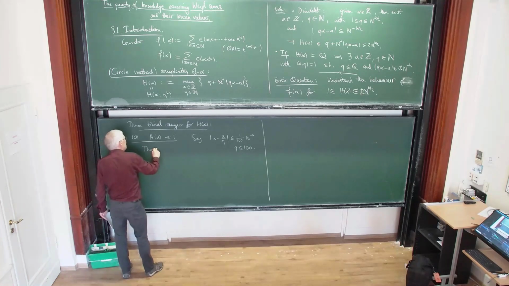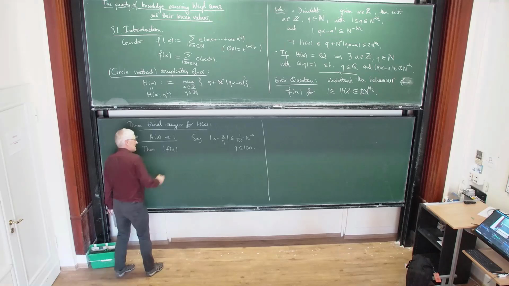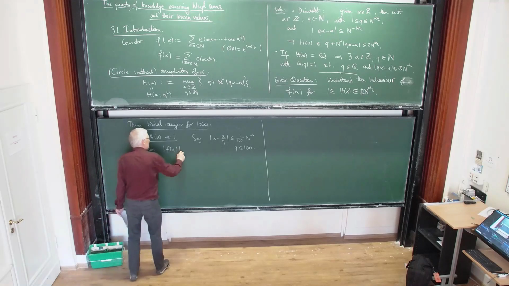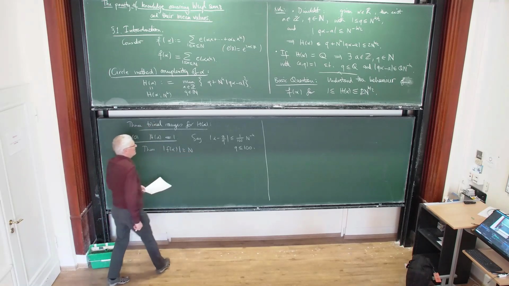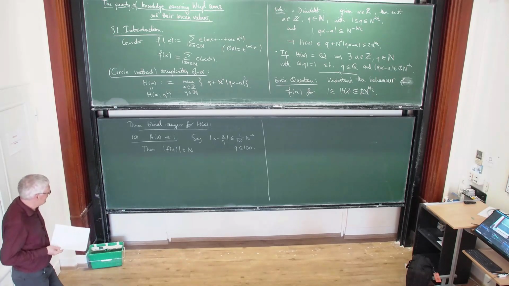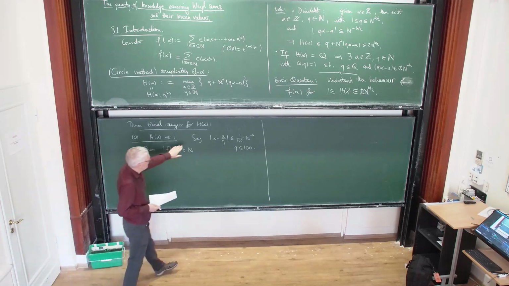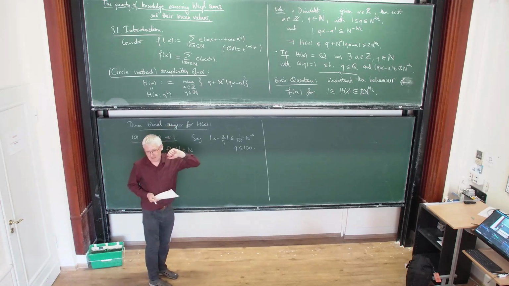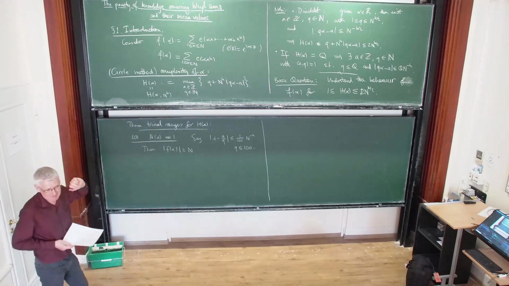And then, well, it could be that f of alpha is actually 0, possibly. But typically, there are many situations at least where f of alpha might be as large as n, simply because there's essentially no cancellation in the exponential sum at all.